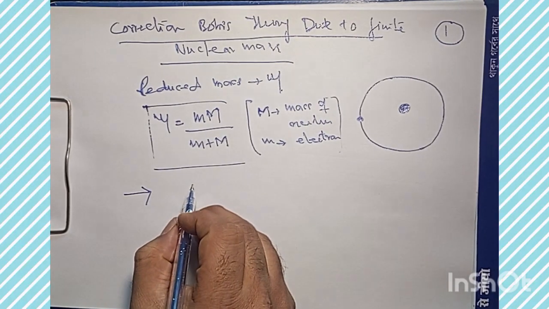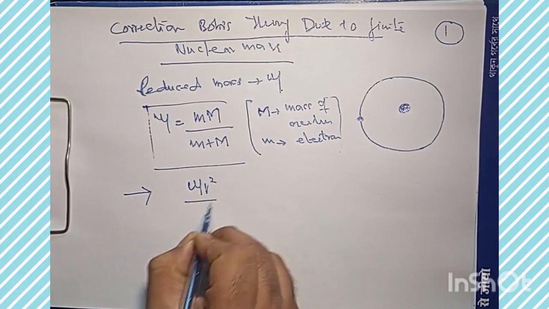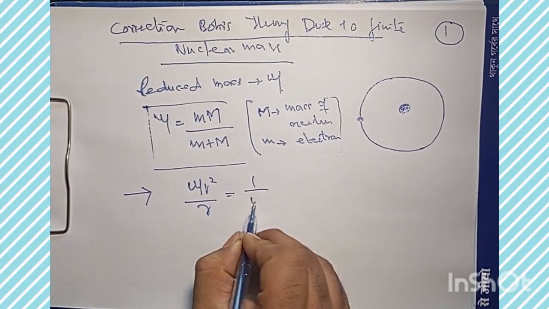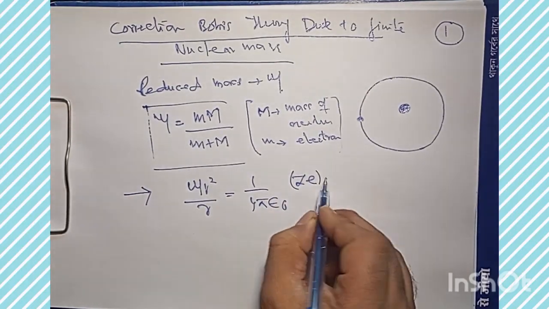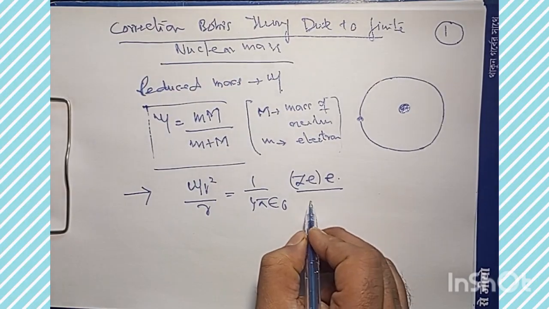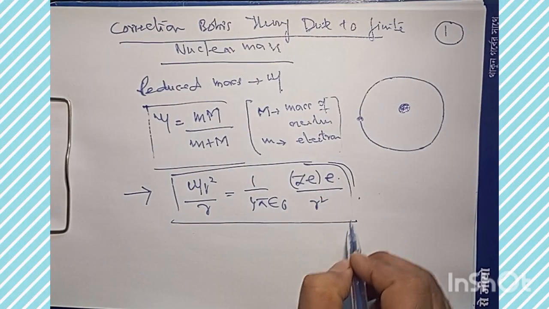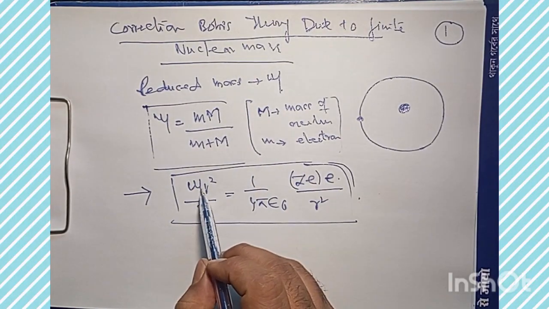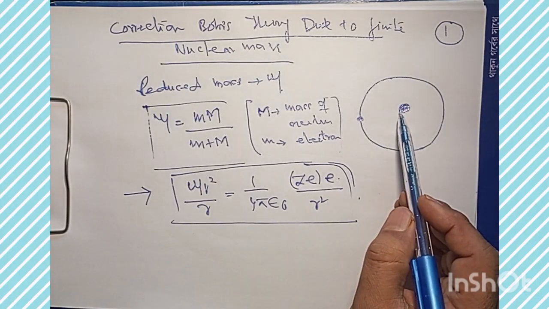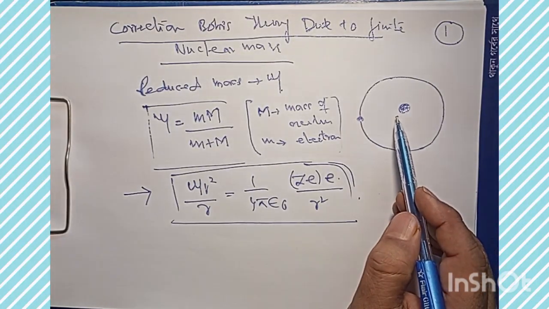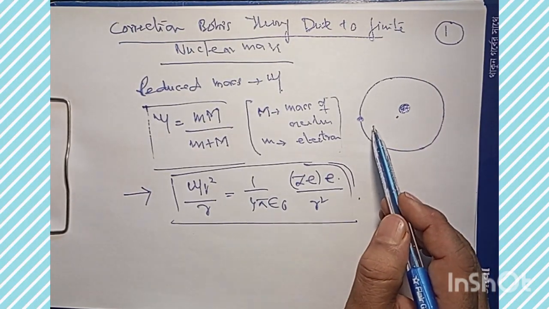For centripetal force, we will have mu v square by r equal to 1 by 4 pi epsilon naught, then Ze times e by r square. So we are using the reduced mass of the system of hydrogen, having a positively charged nucleus and the negatively charged electron.